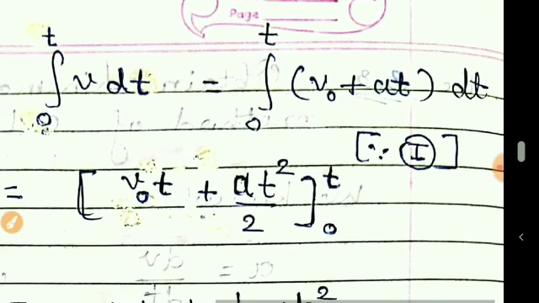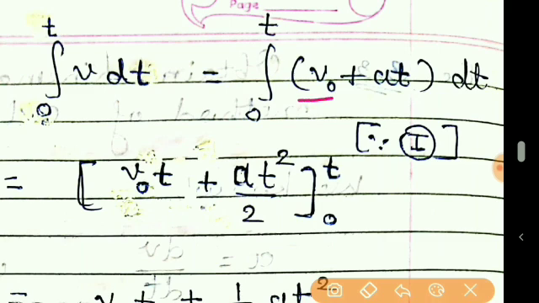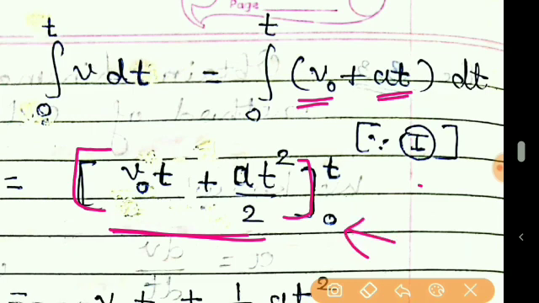So I have separately explained the first term and second term, but here I have written them combined. Now bracket, and this is the lower limit and this is the upper limit, you can see here. So we have kept that.